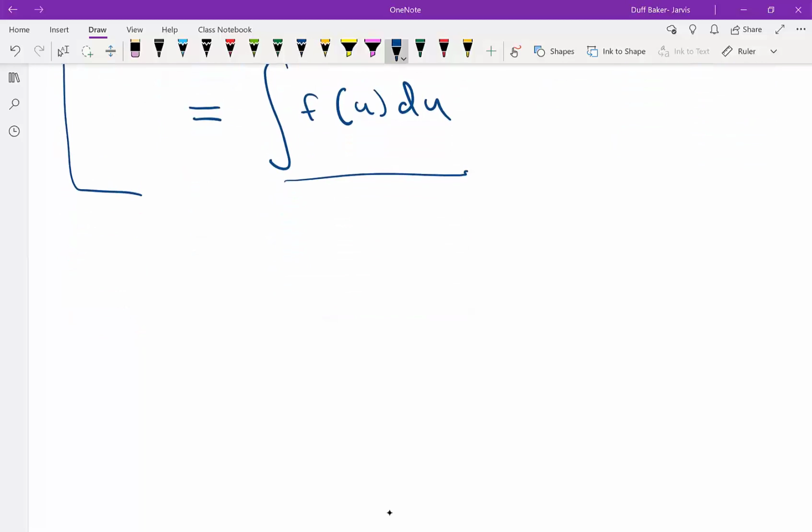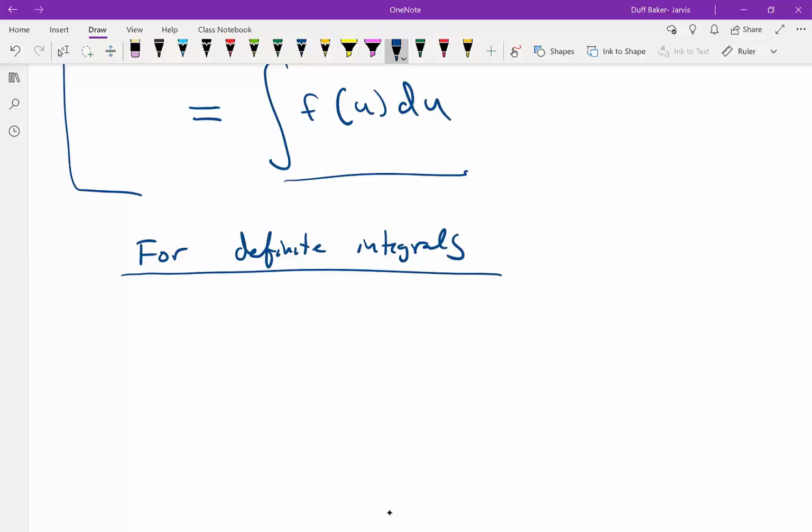For definite integrals, if I start with a definite integral of that form, you have g of x sitting inside of some other thing, but then you have its derivative, dx, at the end.